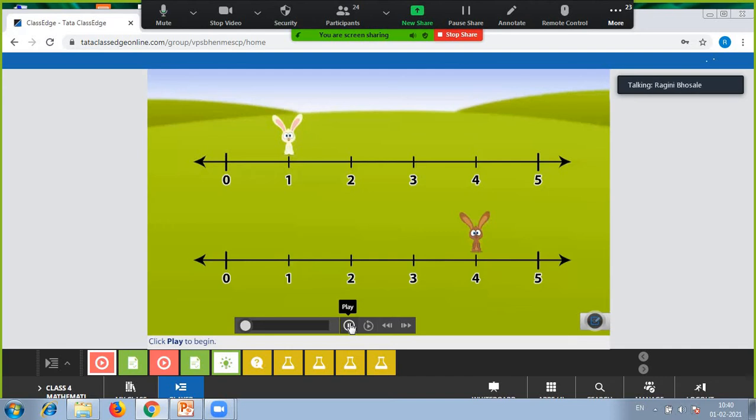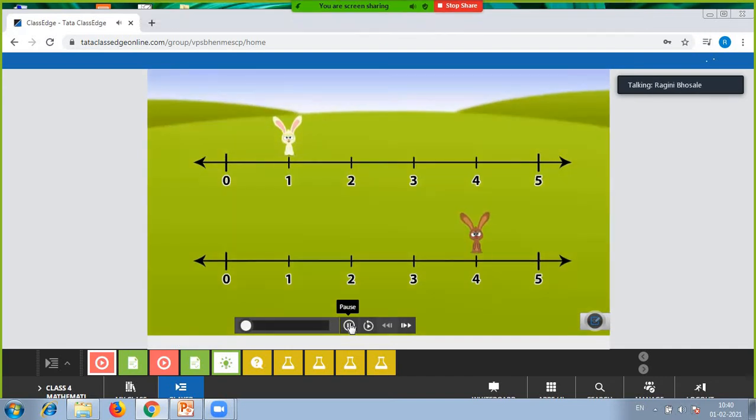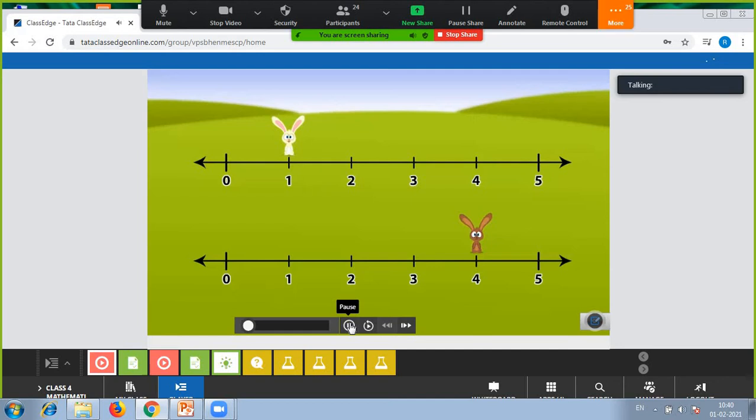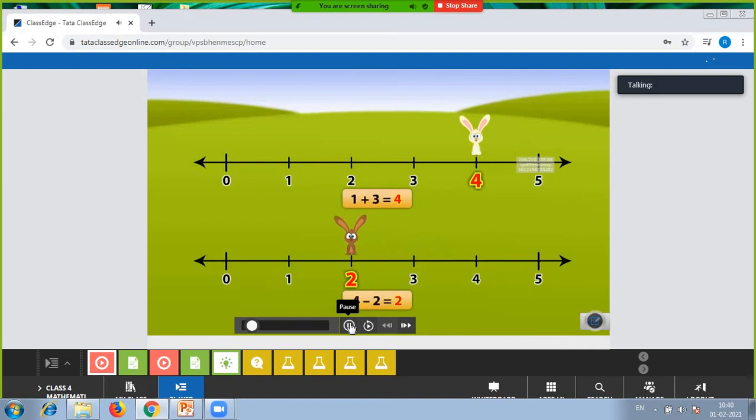Now let's see the video. Then I will ask questions. Raghu and Hari already know how to add and subtract whole numbers on the number line, and so do we.